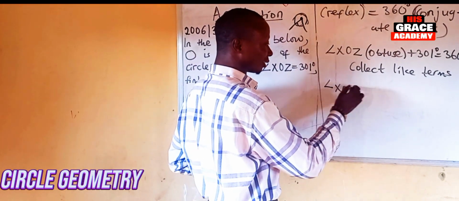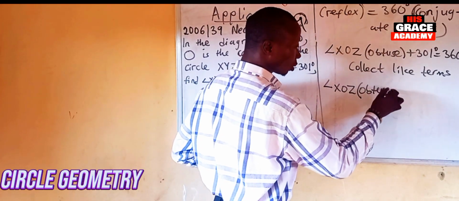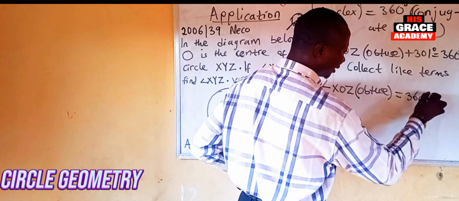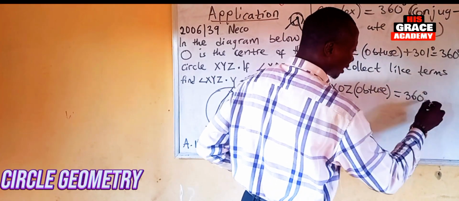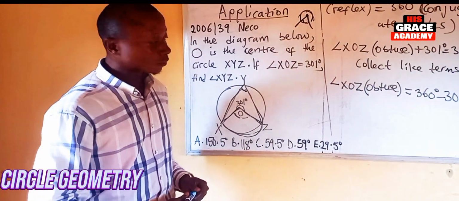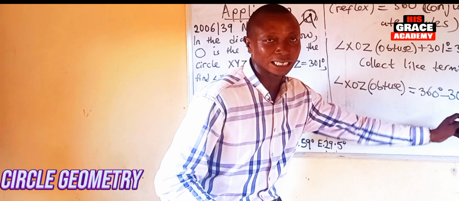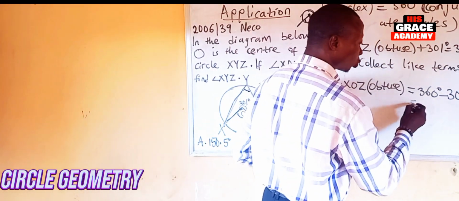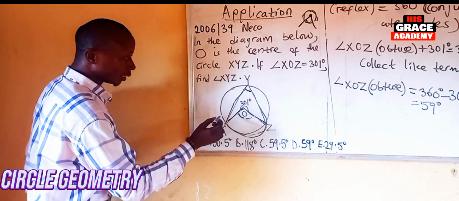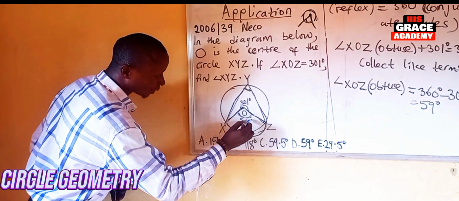Angle SOZ, the obtuse, is equal to 360 degrees minus 301 degrees, which equals 59 degrees.